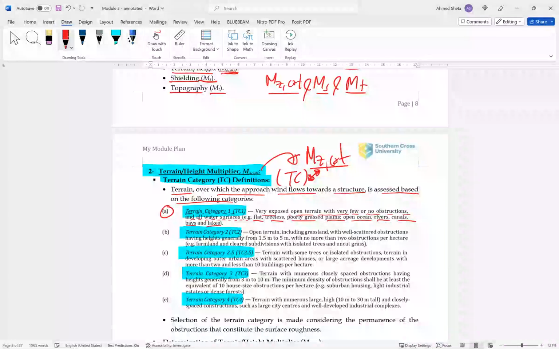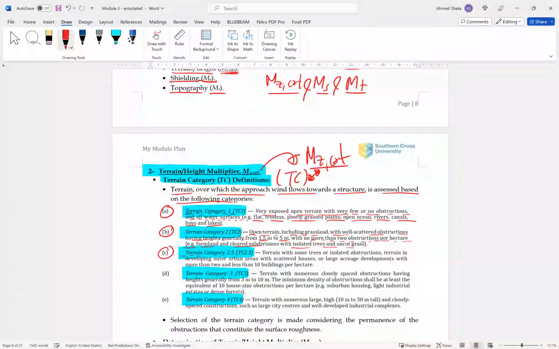So it is like open areas with no obstruction. Terrain category 2 is open area including grassland with well scattered obstructions having heights generally from 1.5 to 5 meters with no more than 2 obstructions per hectare. For example, farmland, cleared subdivisions with isolated trees or uncut grass.